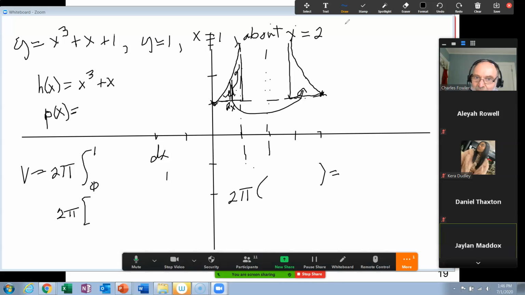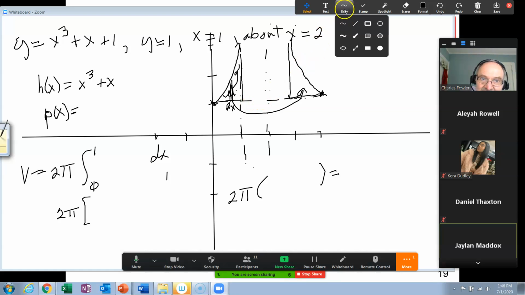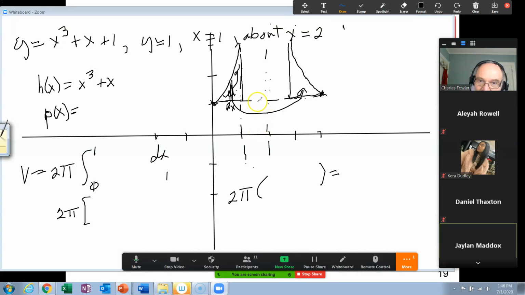Okay. Got to go back and see what the radius function is. The radius is the radius of circular motion here. So you're going from here around to there. Well, x equal 2 is the center of that circle. And the radius is 2 minus x.